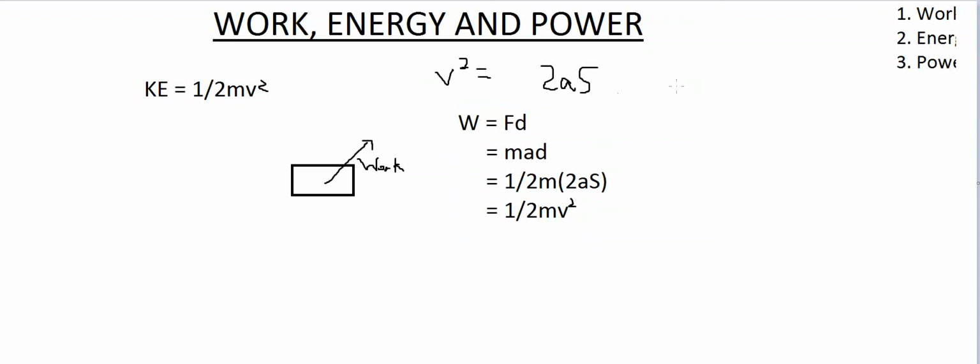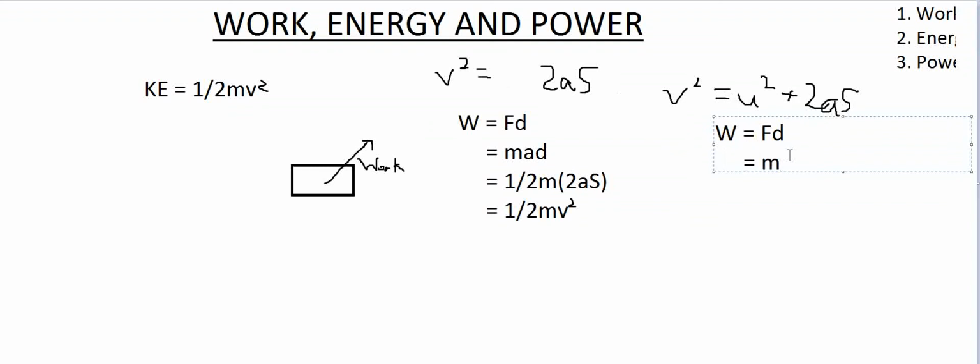Now let's assume there is an initial velocity u, with v squared equals u squared plus 2as. So then we have W equals force times distance. Wait, let me add something.